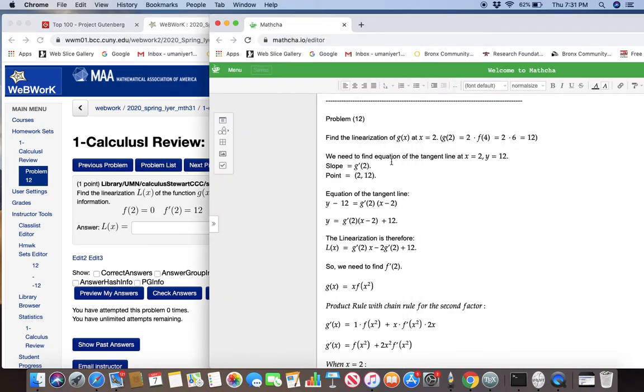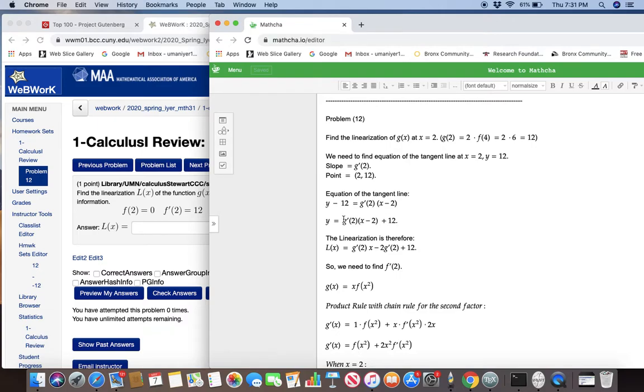So you want to find the equation of the tangent line at x equals 2, y equals 12. Find the slope and you have a point. Notice the slope is the derivative at x value 2. Y minus the y coordinate equals slope times x minus the x coordinate. Solve for y, that is, the 12 goes to the other side.